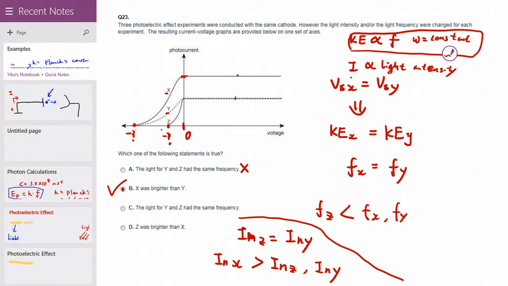And Y and Z have the same frequency. Yep, that's what we concluded. And Z was brighter than X. X is brighter than Z because X has more current. So this is wrong.